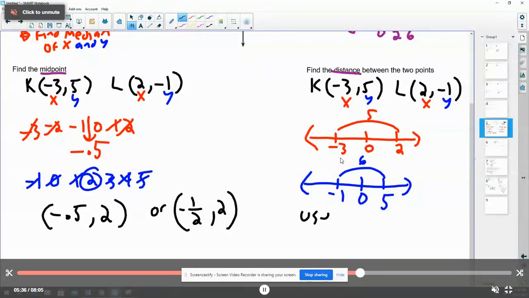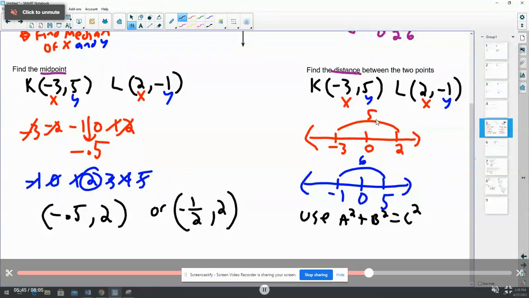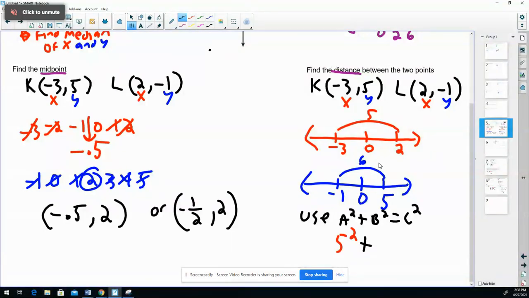Now we use the Pythagorean Theorem. Okay, a squared plus b squared equals c squared. So we're going to use 5 and 6. Those are our two distances. So we have 5 squared plus 6 squared equals c squared.